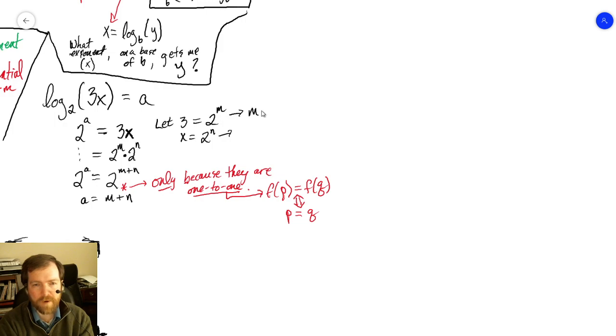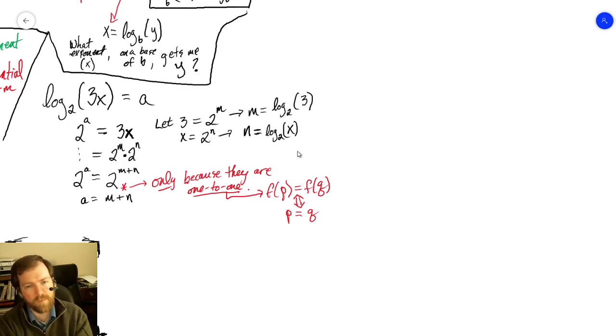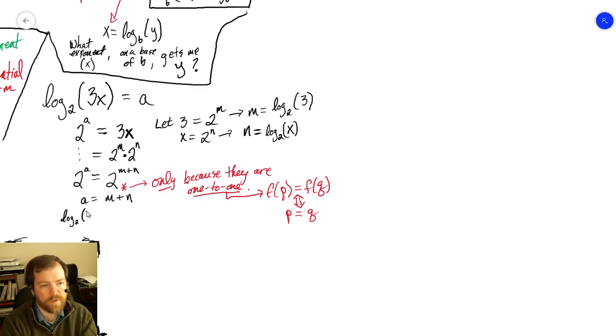So here m is equal to the log base 2 of 3, and n is equal to log base 2 of x. A was equal to the log base 2 of 3x.